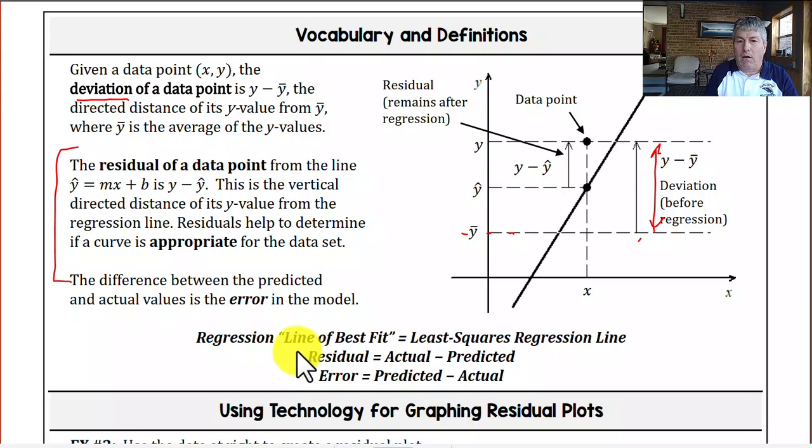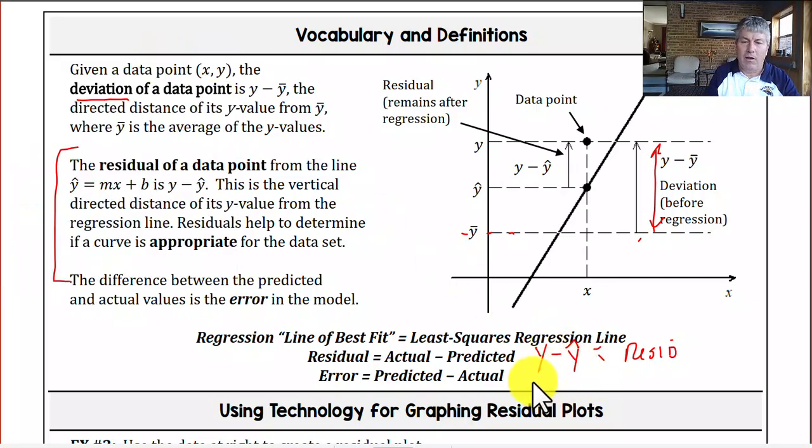So our regression line, our line of best fit, is the least squares regression line, probably the line that gave us the smallest squares as we saw in our last table. And the residual is the actual minus the predicted, or if you want to see it in formula form, y minus y hat is our residual. And our error, which is vocab we haven't seen, is these two flipped.